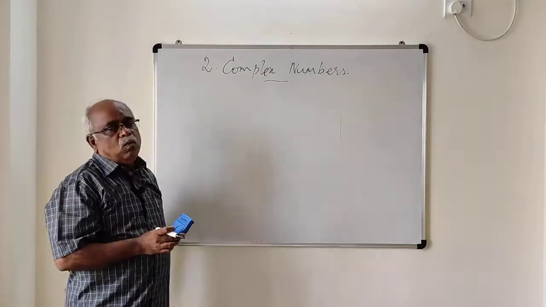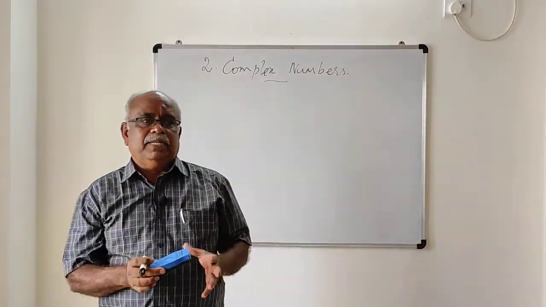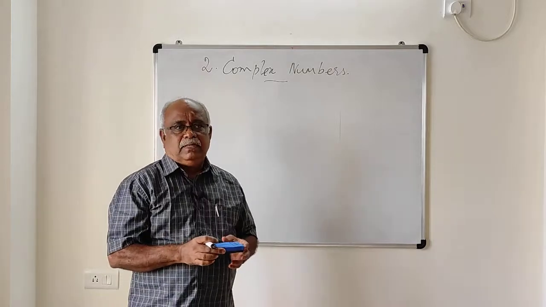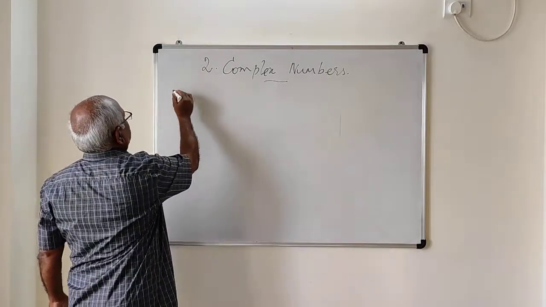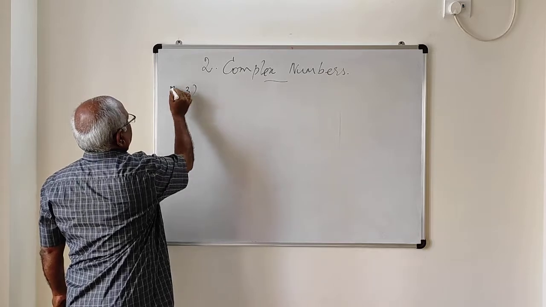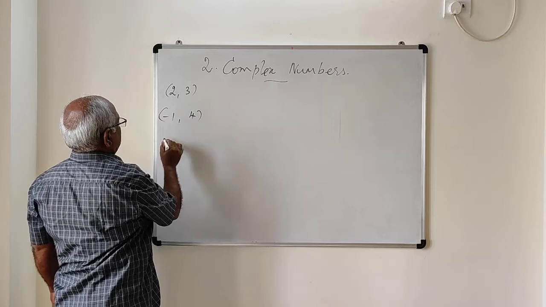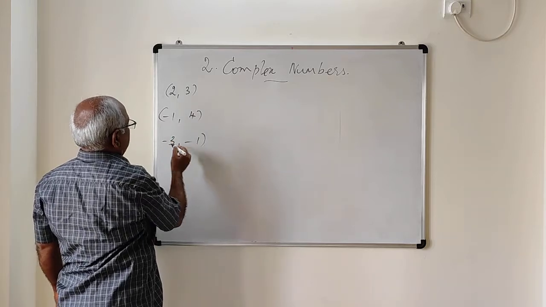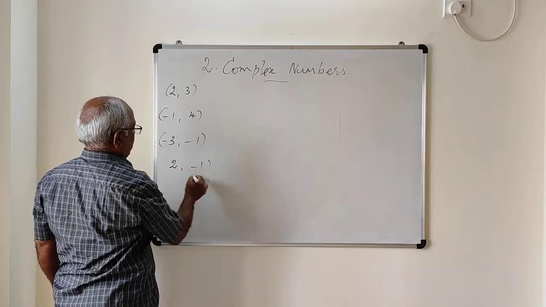Now, what do you mean by a complex number? A complex number is a mixture of two real numbers. It always occurs in pair. For example, (2, 3), (-1, 4), (-3, -1), and (2, -1).